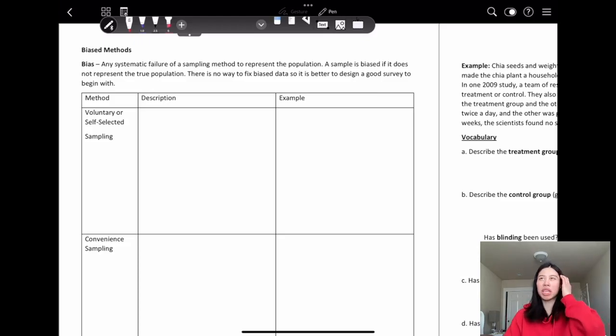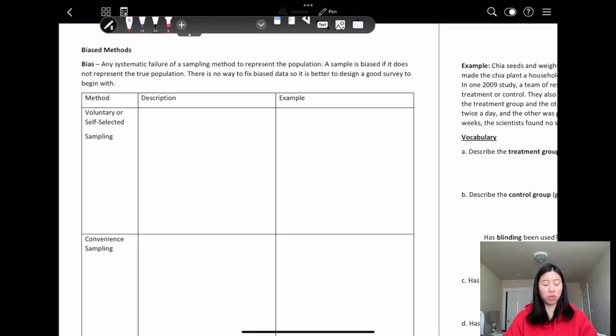Do you remember at the beginning of this class, I talked about trying to measure the average height of SPSCC students, but the sample we pick is the students who are on the basketball team. This is a biased method because we know the basketball team are athletic and tend to be taller. They can't represent the whole population of SPSCC students.